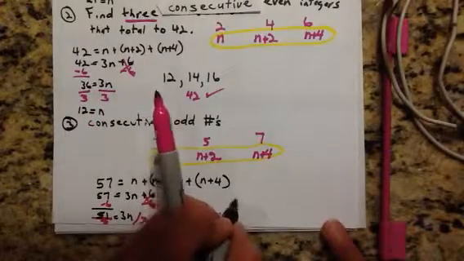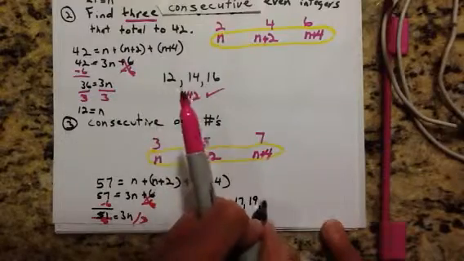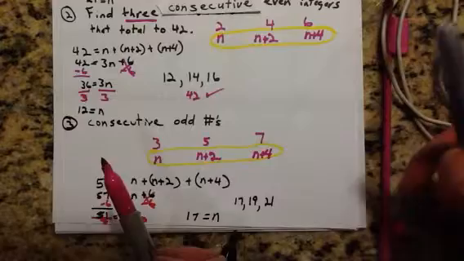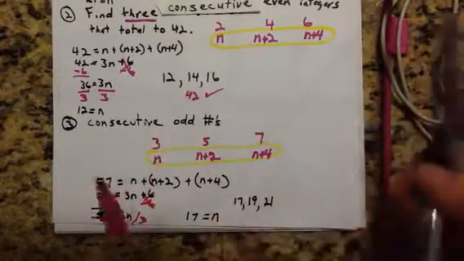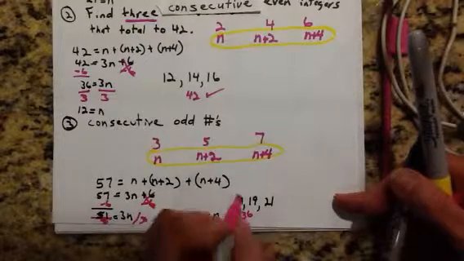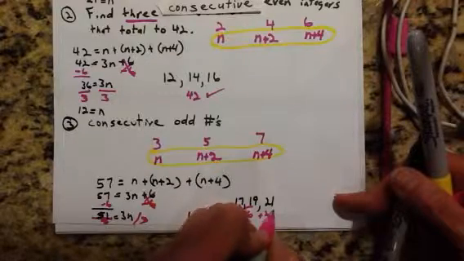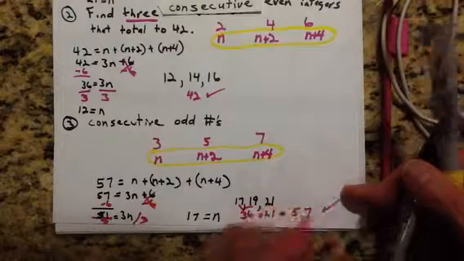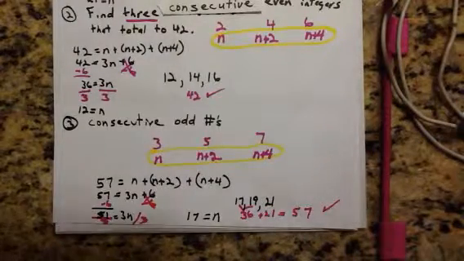So n is 17, and our three numbers would be 17, 19, and 21. Well, let's total those up. 9 and 7 is 16, carry the 1, so that's 36 combining these two, plus the 21 equals 57. So that checks.